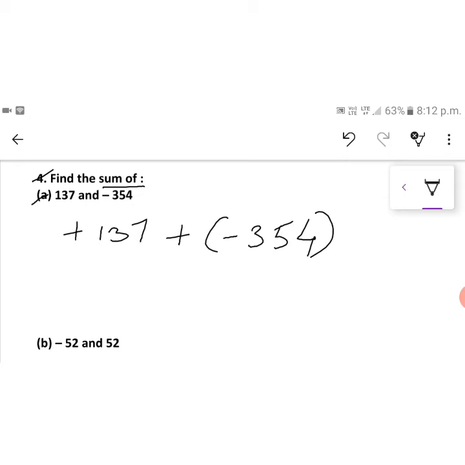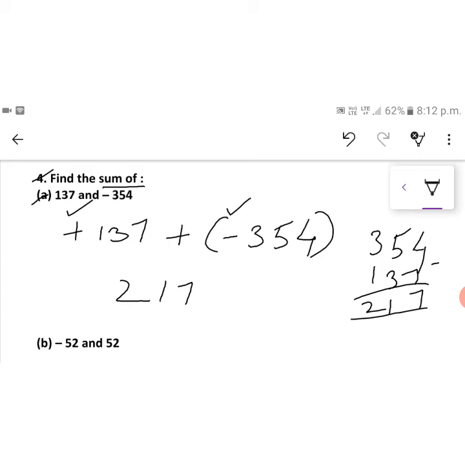If the two numbers have different signs, then subtract the two numbers. 354 minus 137, we get 217. And give the sign of the bigger number. Here the bigger number is 354. The sign of the number is minus. So the answer is minus 217.